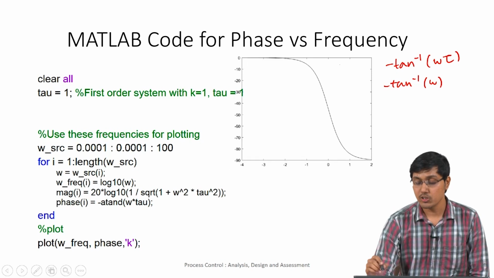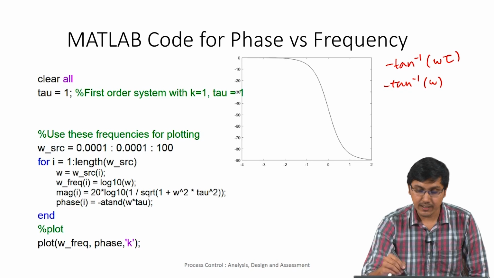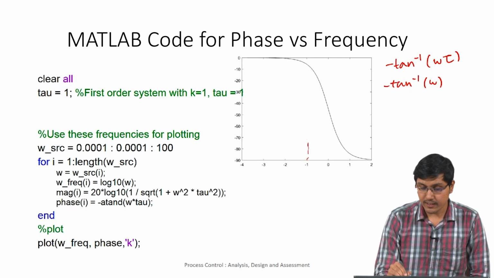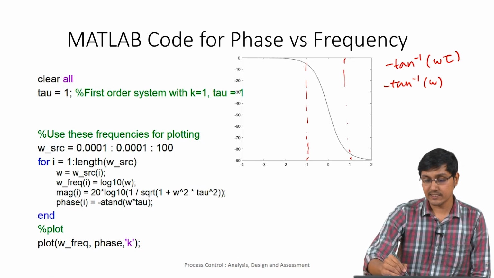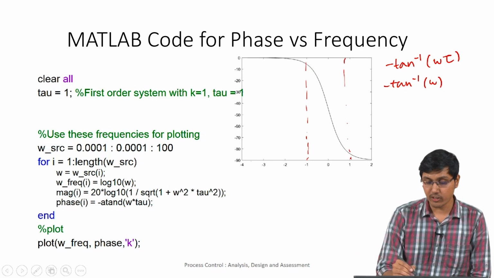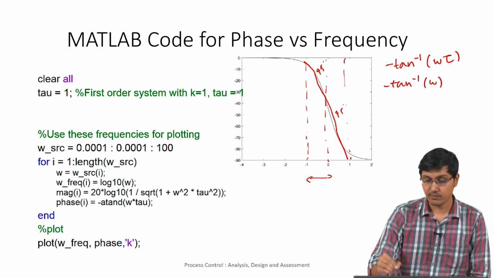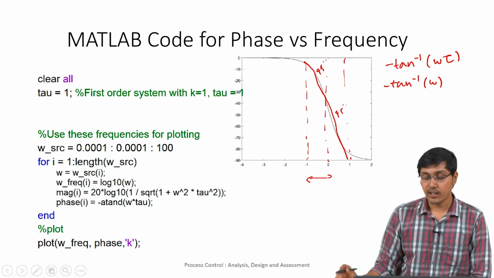Just by observing, we can say that from minus 1 to 1 this curve is changing, from 0 to 90 degrees. So for every unit it falls by approximately 45 degrees.